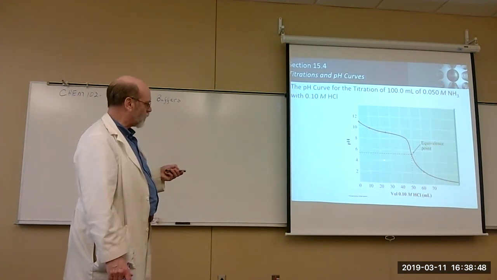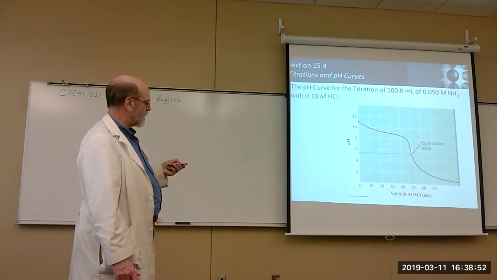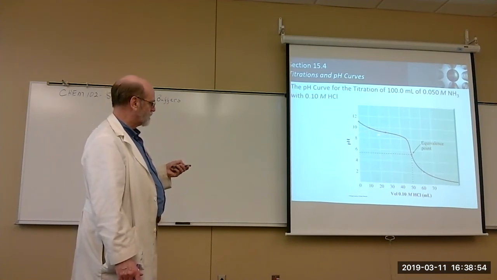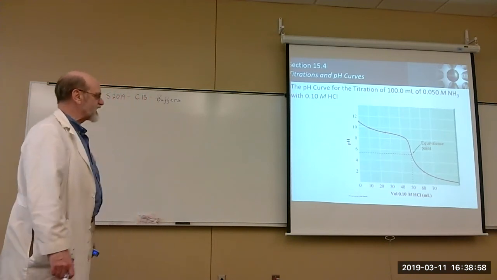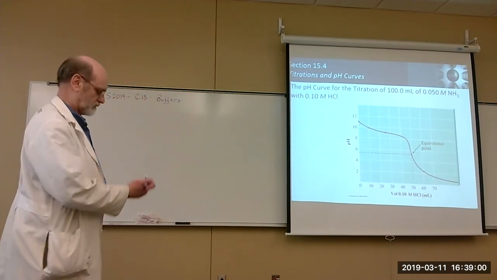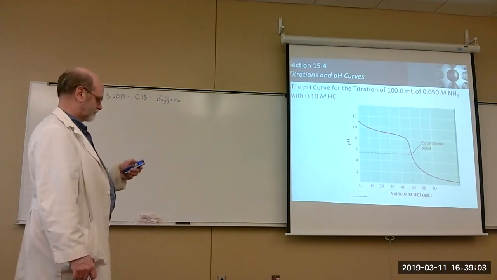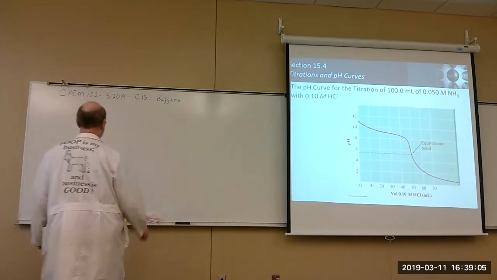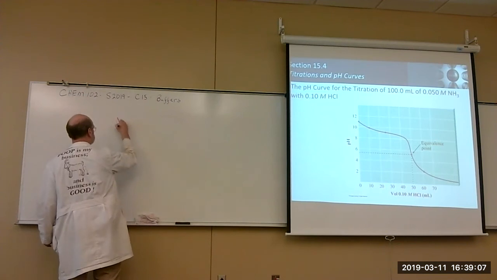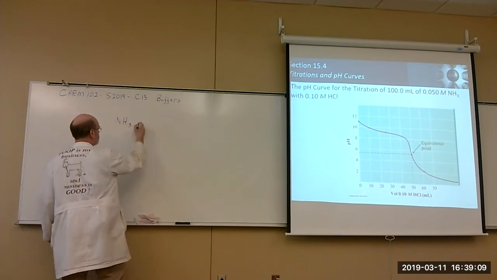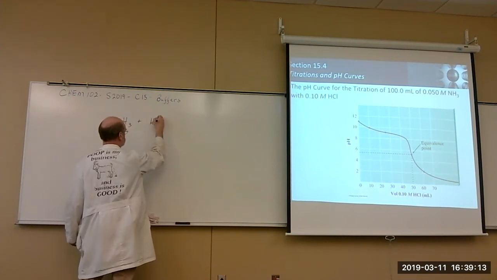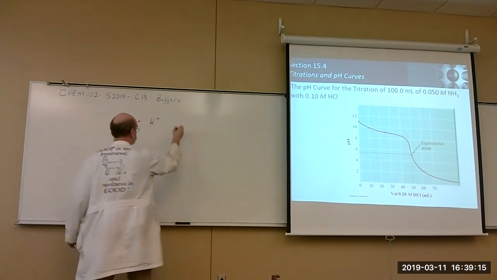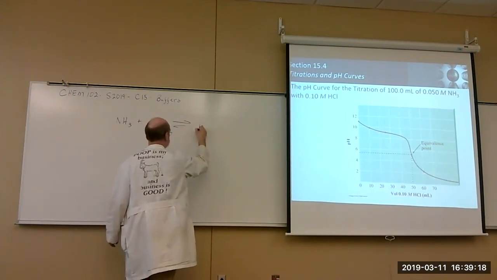So the half equivalence point would be here at 25 milliliters, and there at about 9 is the pK for ammonia. So what would that mean? Well, if we have ammonia and we're adding acid from hydrochloric acid, then it's going to produce this one.